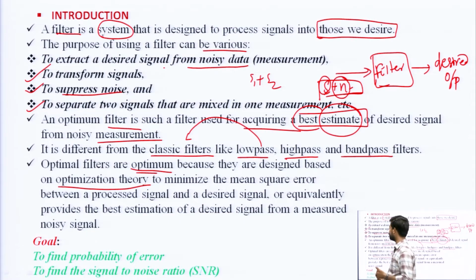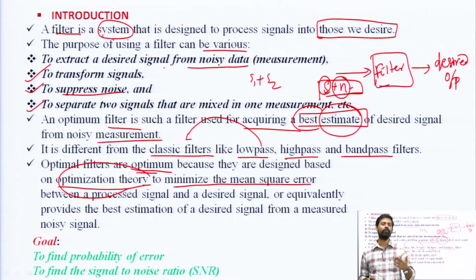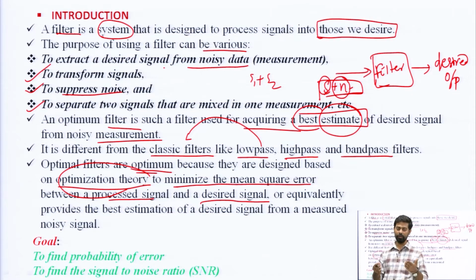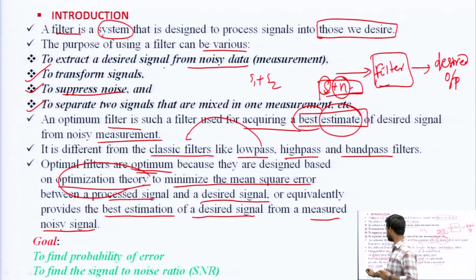This filter uses optimization theory to minimize the mean square error between the processed signal and the desired signal. The difference between the processed signal and the desired signal comes as an error, and that error should be minimized, or equivalently the filter provides the best estimate of the desired signal from a measured noisy signal. These are the goals.